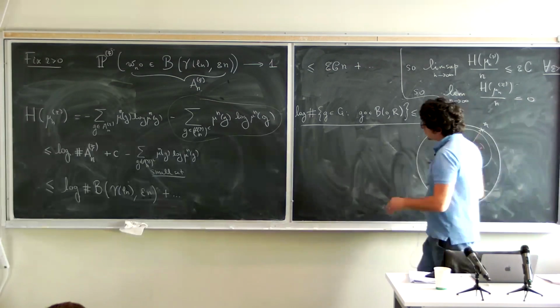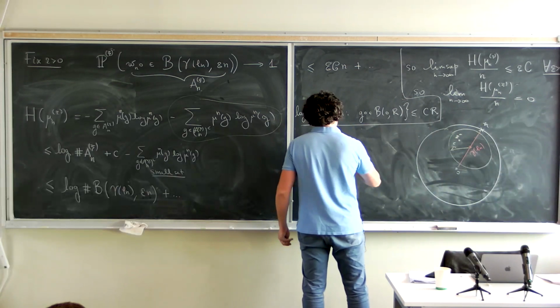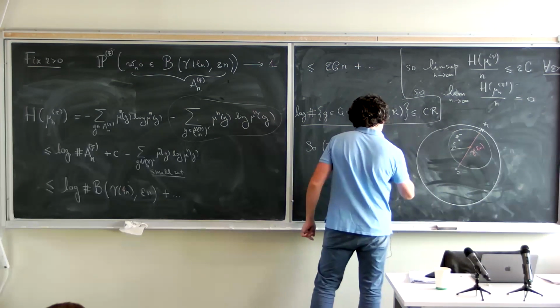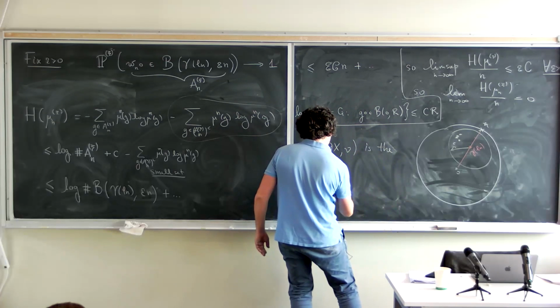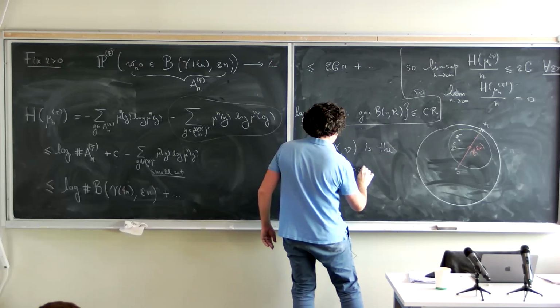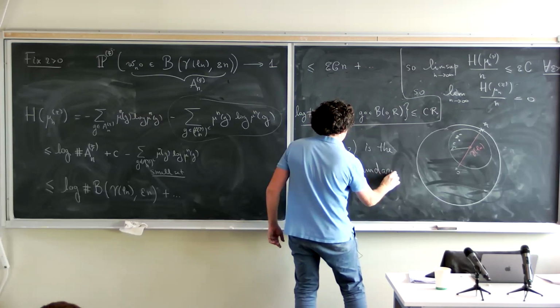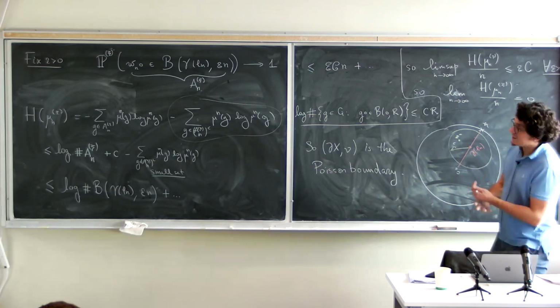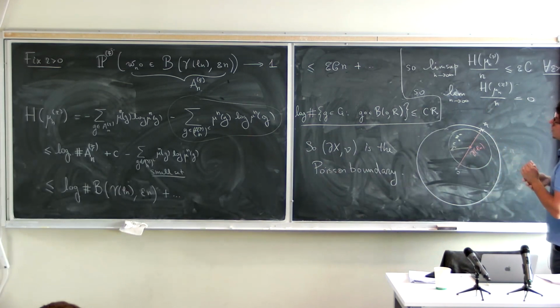And so in the end, nu times nu is positive. Okay, so that's the basic mechanism that shows how knowing something about the geometry of the walk will tell you something about the identification of the Poisson boundary at infinity.